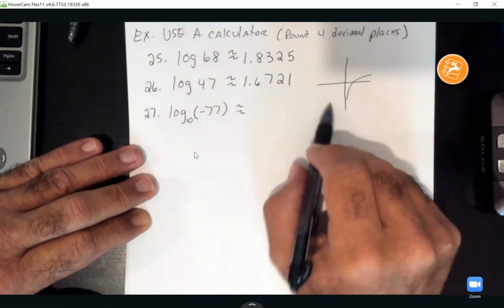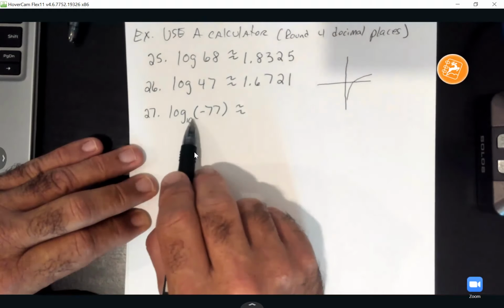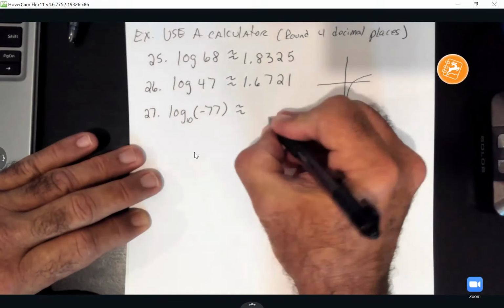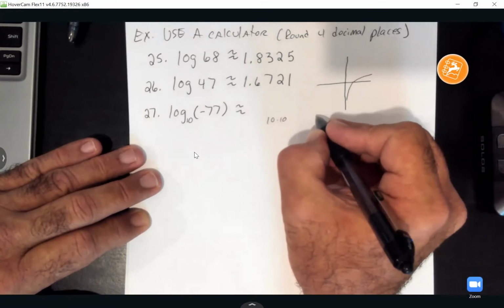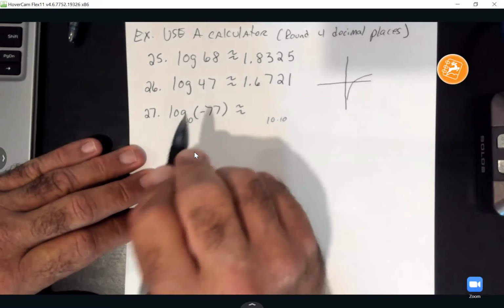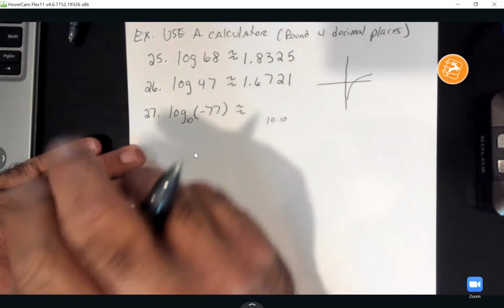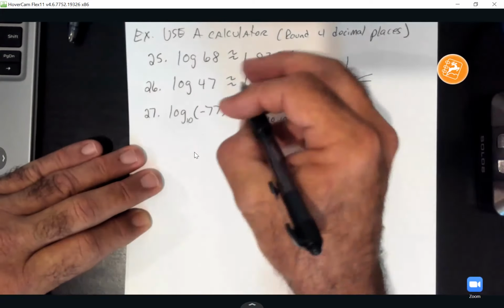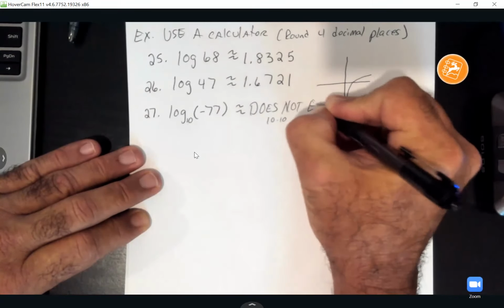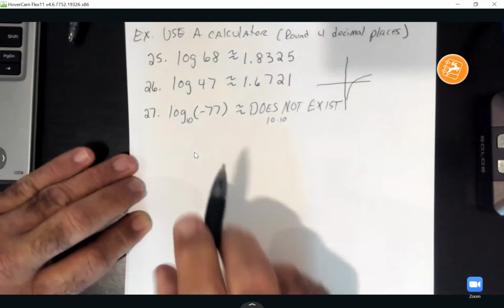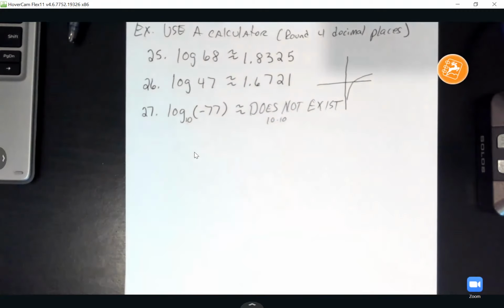They can't be negative x's. So this x here cannot be negative. There's nothing I can do to a 10 by multiplying, look, 10 times 10. That's going to keep giving me positive numbers as I go. There's no way to turn that 10 into a negative 77. So since it says not a real number type stuff, we say that this does not exist. So if you put a negative number in here, it's going to not exist every time. There's nothing I can do in the real world.